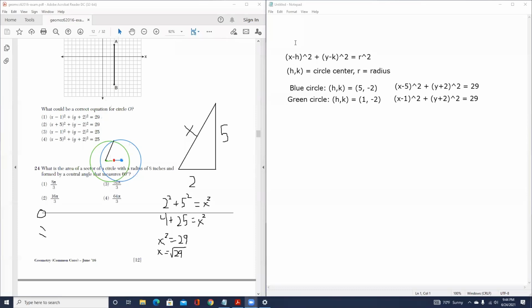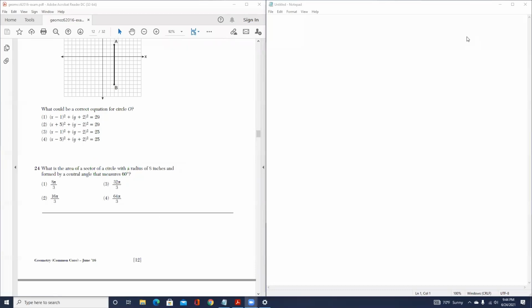Let's scroll down to question 24. What is the area of a sector of a circle with a radius of 8 inches and formed by a central angle that measures 60 degrees?